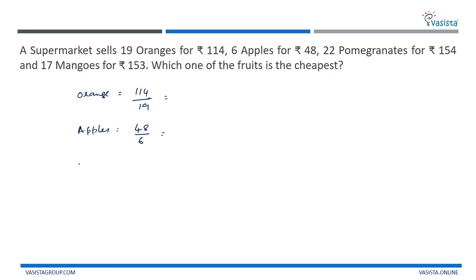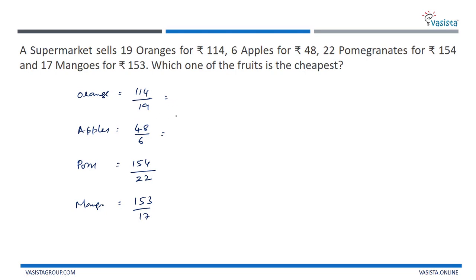Then pomegranates is 154 for 22. For mangoes, 153 for 17. Let us divide one by one.